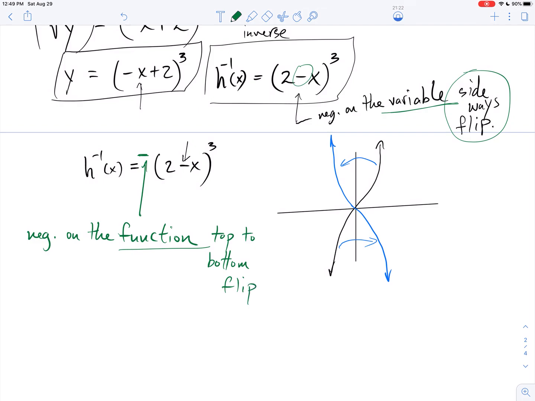Now, we have already done top to bottom flips, but watch. If I took the original and I said, let's flip it top to bottom, then what's up would be down, what's down would be up, and that would mean this guy.